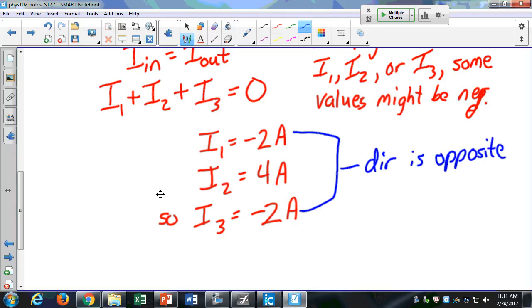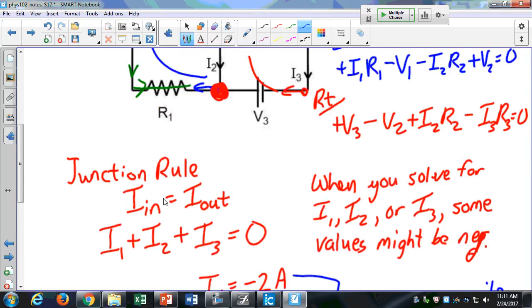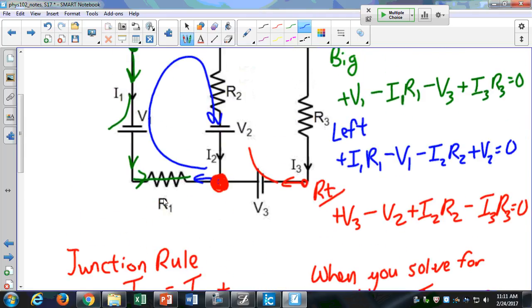So instead of I1 being counterclockwise, I1 is actually in that direction. And I3 would be in that direction.